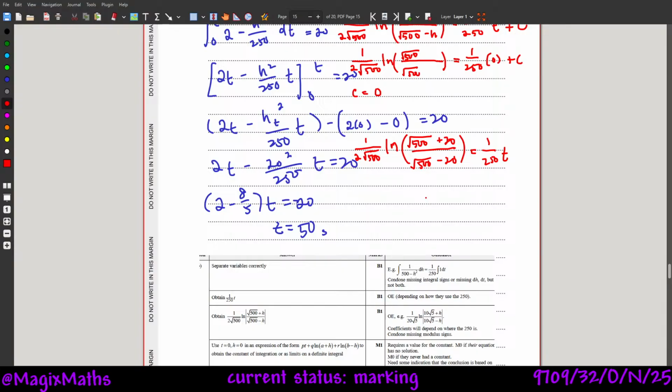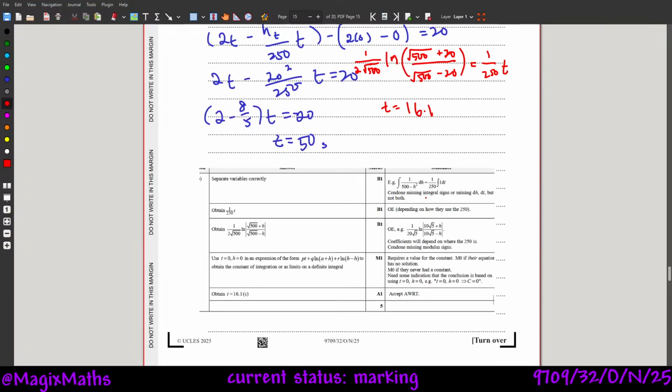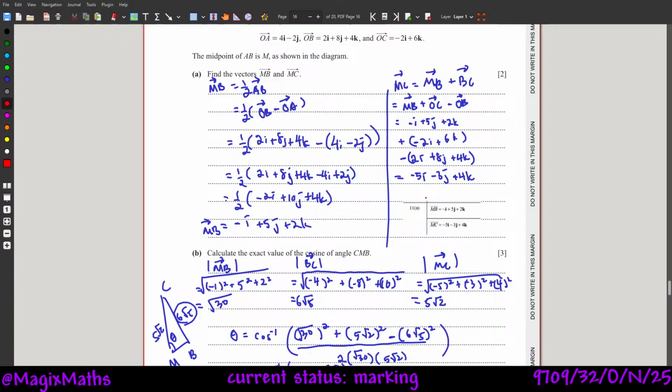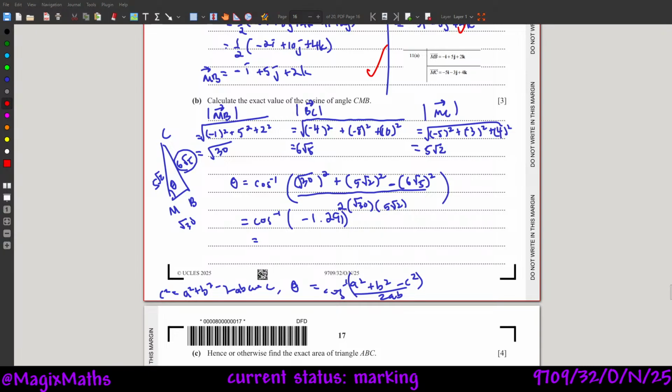And then we obtain t is equals to 16.1. Yep, that's about it. That's 5 marks lost. And for this part, we did get it correct. But for this part, we weren't able to finish in time.